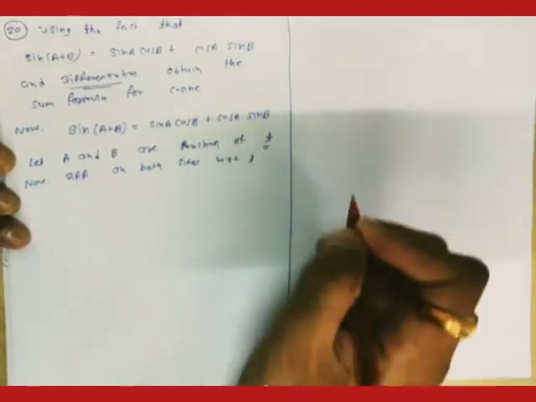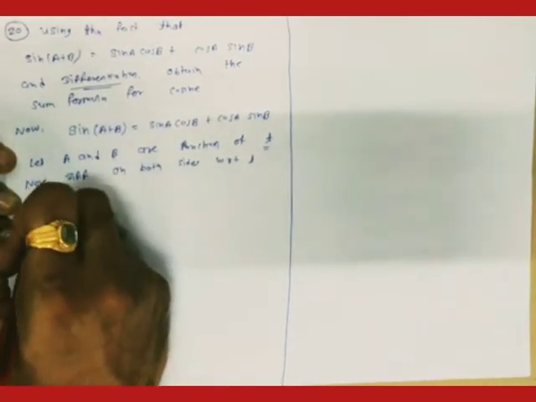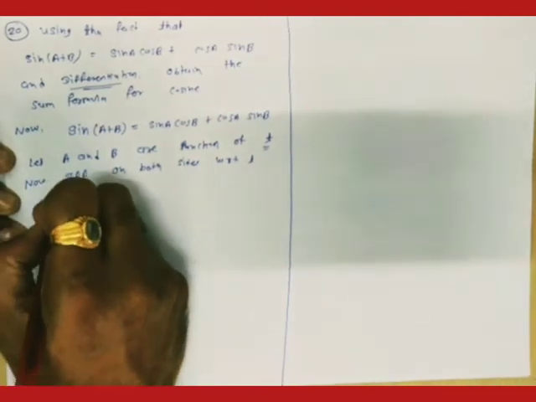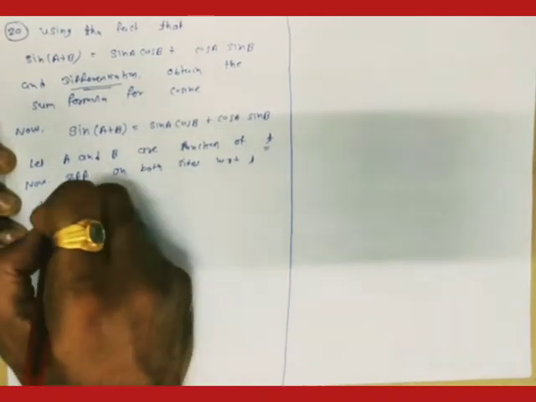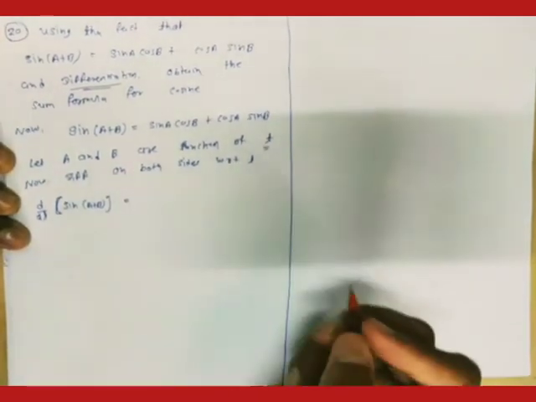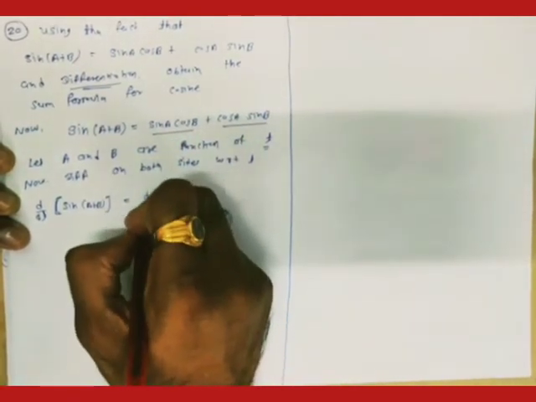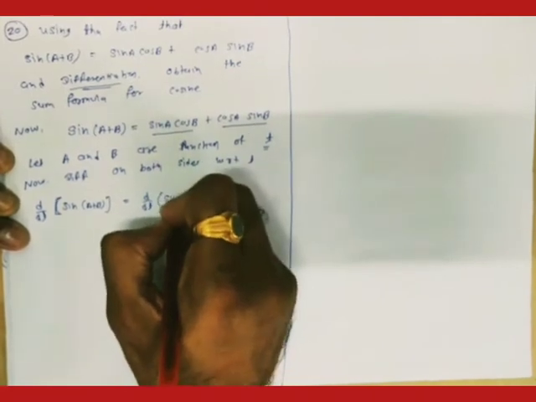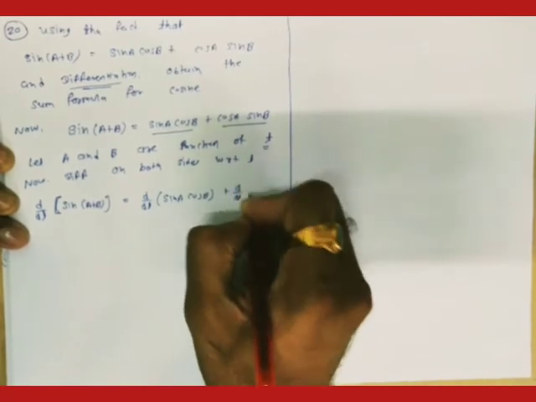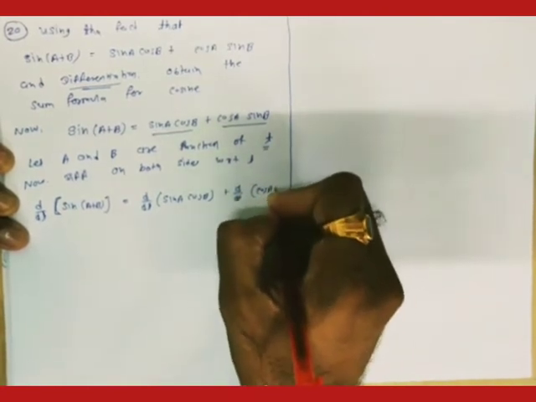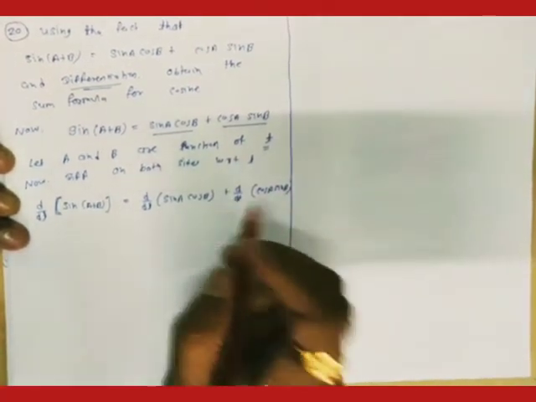Differentiation of sine a plus b with respect to t is d by dt of sine a plus b, equal to differentiation of this term plus this term: d by dt of sine a cos b plus d by dt of cos a sin b.